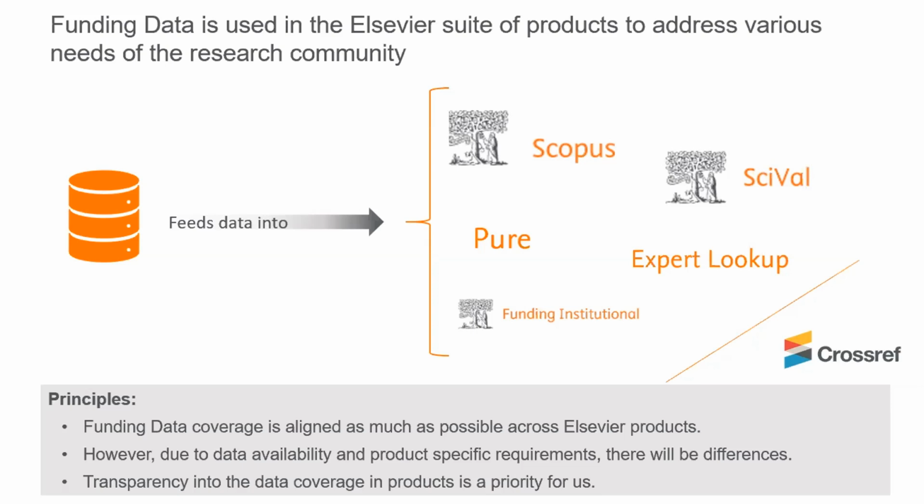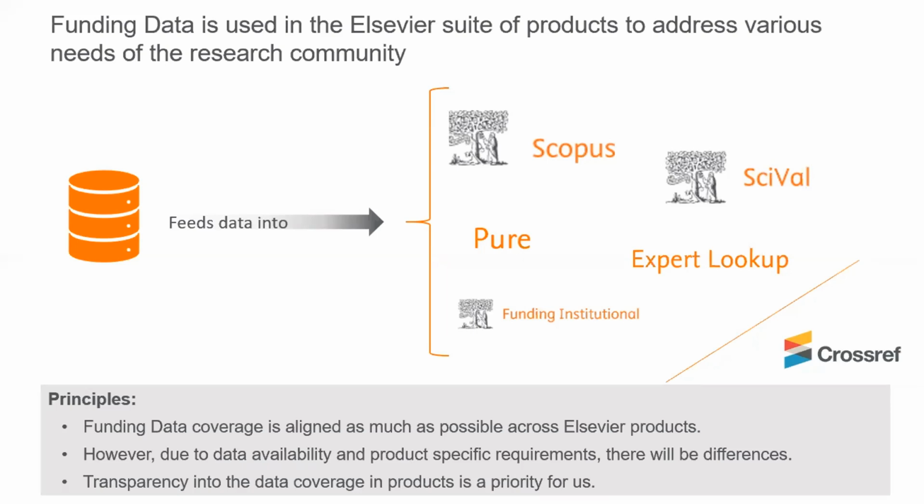To give an example, sometimes funders don't disclose the recipients of their past funding. So then we won't be able to pre-fill this information on the Scopus researcher profiles. And that's why this funder won't be available in Scopus.